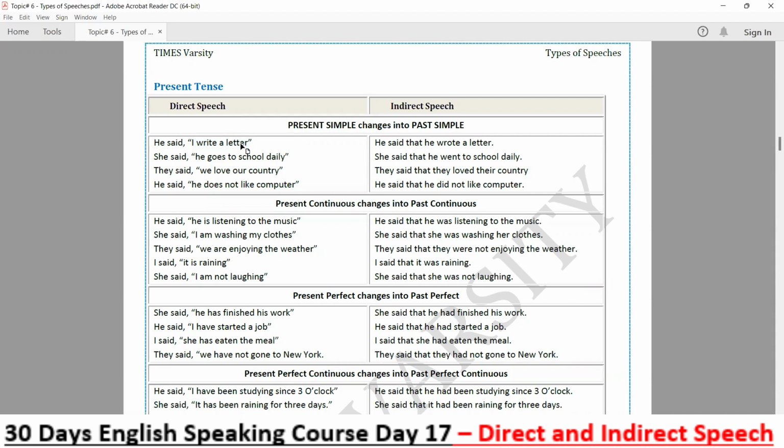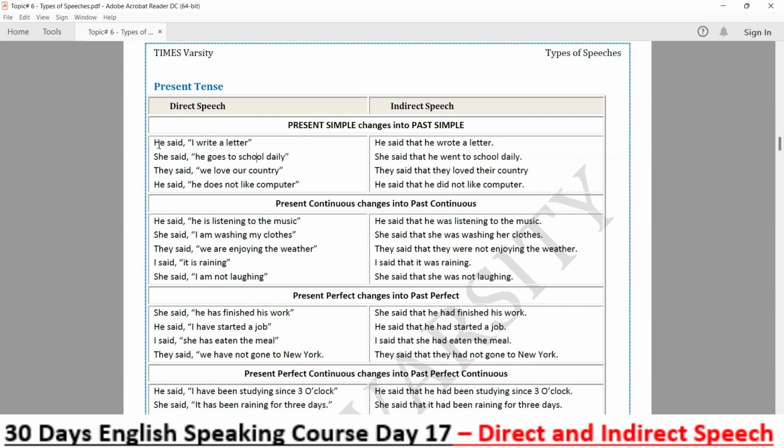Past simple or indefinite. He said it is in past simple or past indefinite. What about this? I write a letter. Which tense is it? Present indefinite. Right? I write a letter.